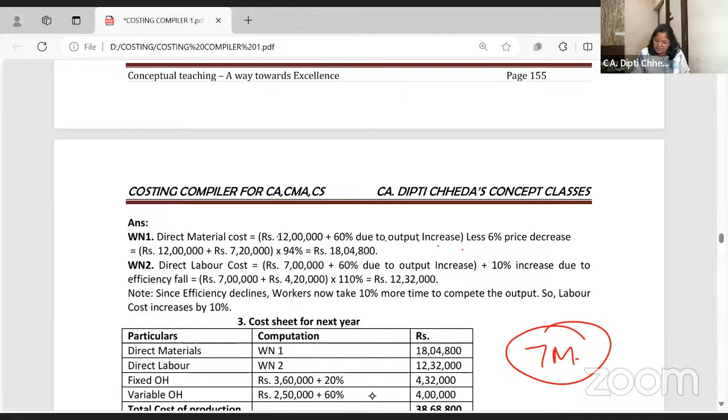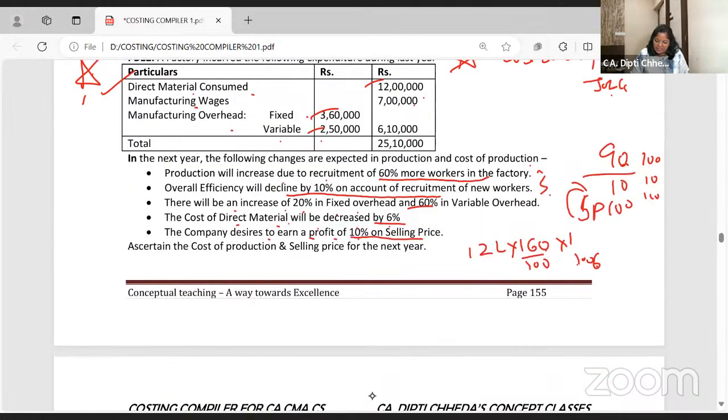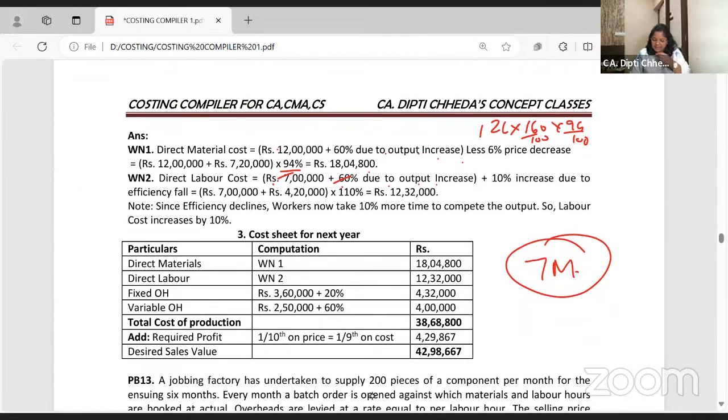So 12 lakhs, 160% into 94% because the price is decreasing. For labor, 60% because the production is increasing, and efficiency is decreasing, so there is 10% more increase in the cost.